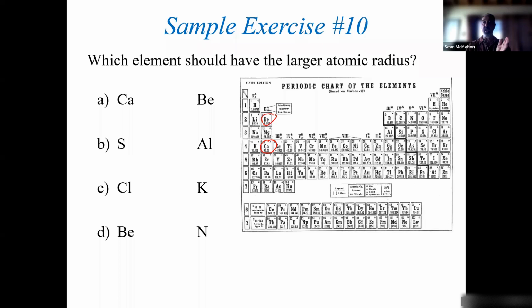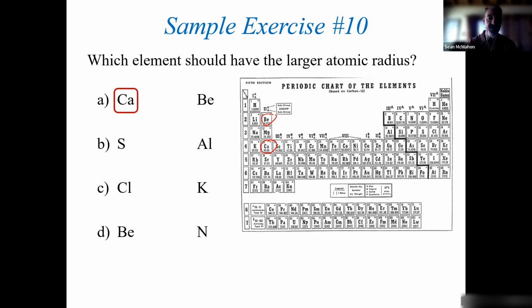So they're both the S2 sublevel. But really what I'm focusing on is they're the same distance left to right, but calcium is in the 4th energy level, where beryllium is only 2. So calcium has to have 2 additional shells.